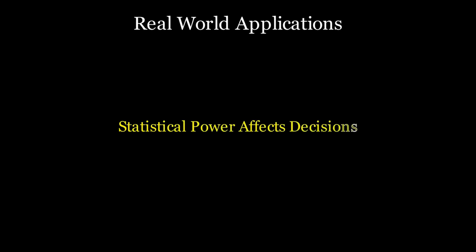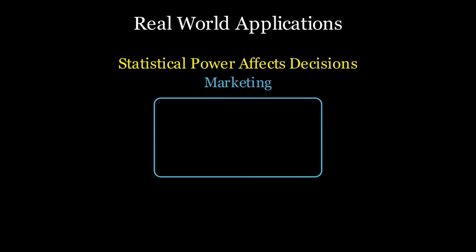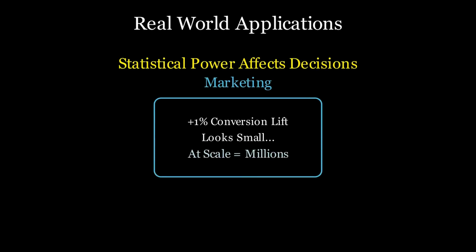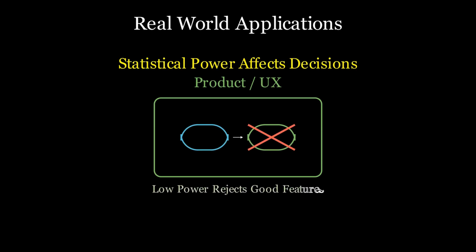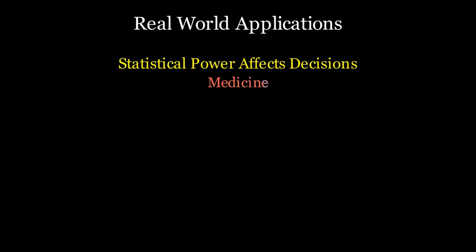Now let's connect this to the real world, because statistical power doesn't just affect statistics, it affects decisions. In marketing, a small conversion lift may look insignificant, but at scale, it could mean millions. In product, a subtle UX improvement may seem minor, but low power can cause teams to reject features that actually work.